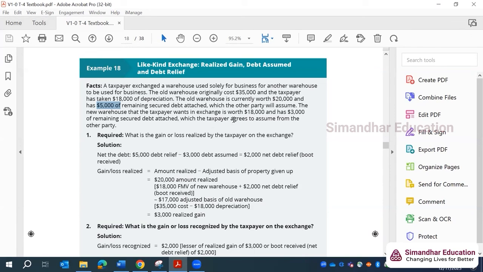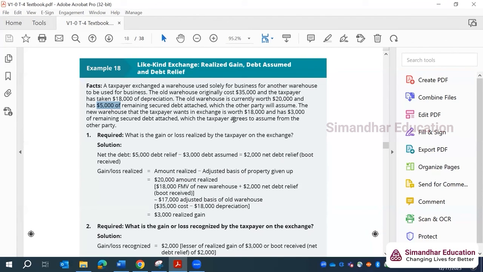You are getting benefited, right? Because you are giving a debt of 5 and you're assuming a debt of only 3. So your net debt relief is $2,000. So now this $2,000 is your boot in this transaction.